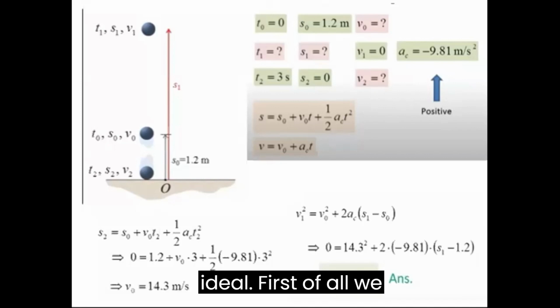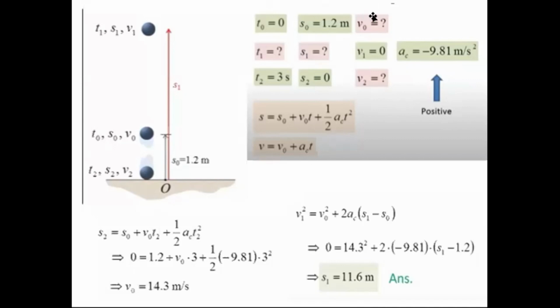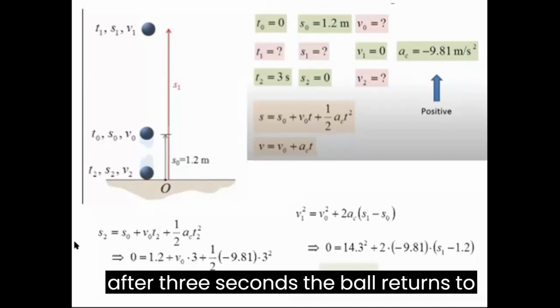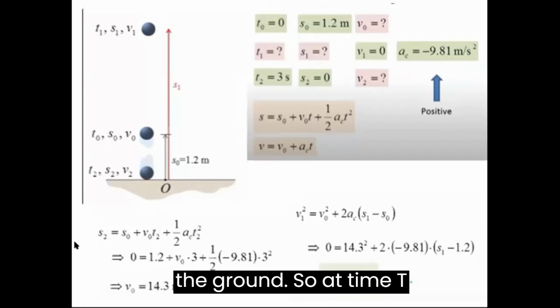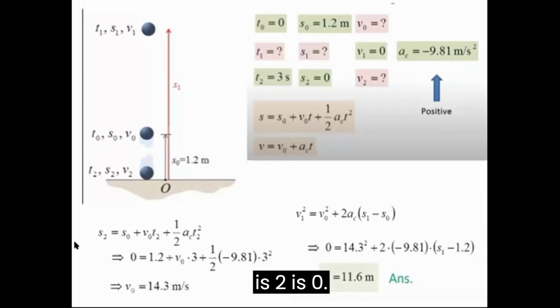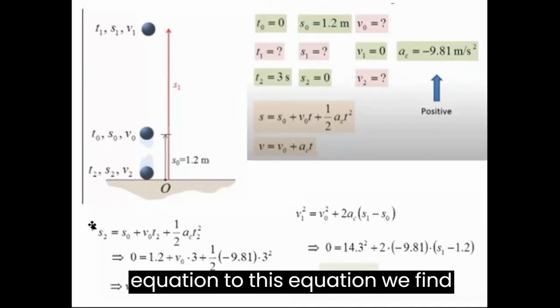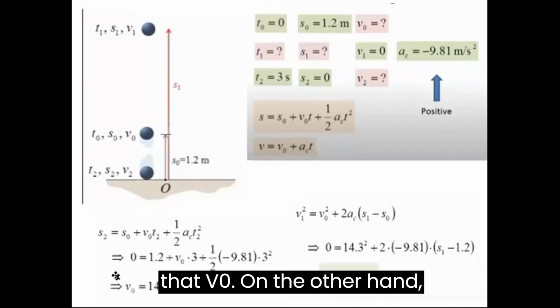First of all, we have to find v0. According to the problem, after 3 seconds, the ball returns to the ground. So at time t2 equals 3 seconds, the position s2 is 0. When we substitute them into this equation, we find v0.